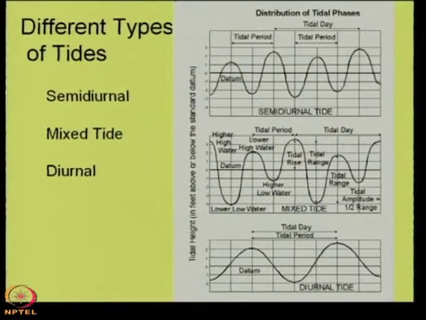At most locations, at most places on the coast, you have what are called semi-diurnal tides. So, in this picture, the graph, the y axis shows you the water level at some point along the coast.